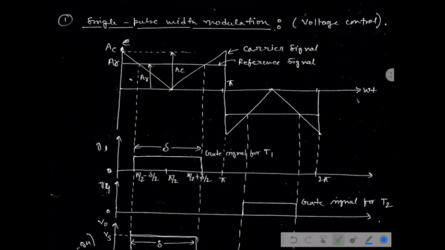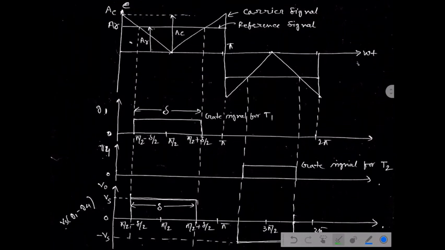Okay, now see, first, suppose for an example, here we are using the reference signal, this one, and the carrier signal is this one, and both signals coincide at these two particular points. So to further extension, it will give this region, and this is the width of the pulse which has to be given to the switch S1, and this pulse width we are assuming is defined by delta.